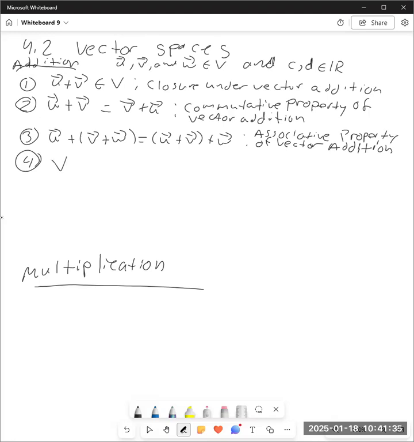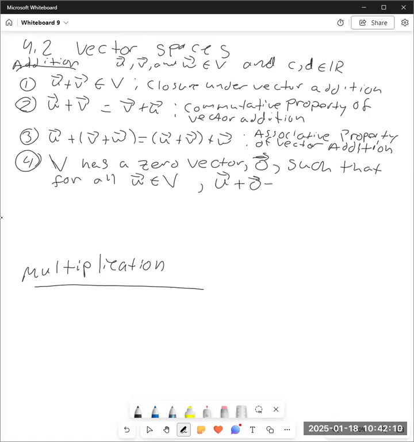So capital V, the vector space, has a zero vector that's denoted the number zero with a line over it, such that for any and all U vectors that are in V, vector U plus the zero vector is equal to U, and that's called the additive identity. So the zero vector is the additive identity.